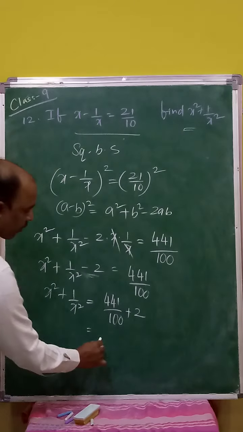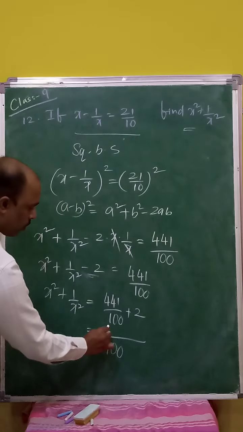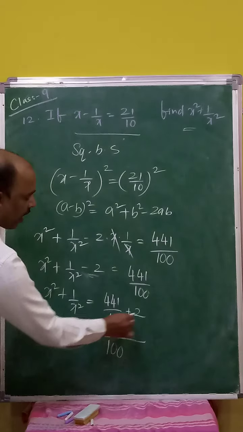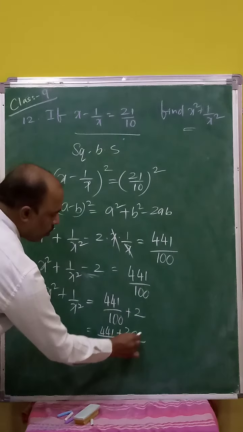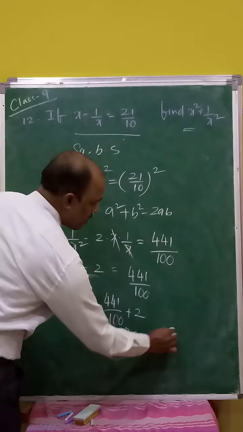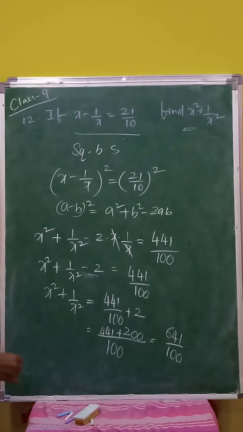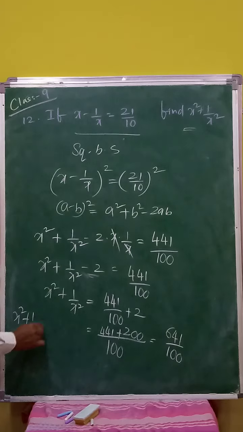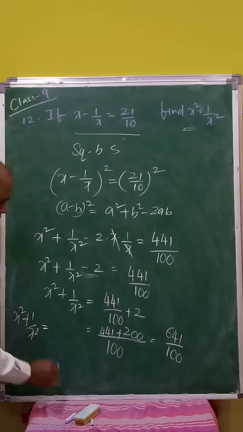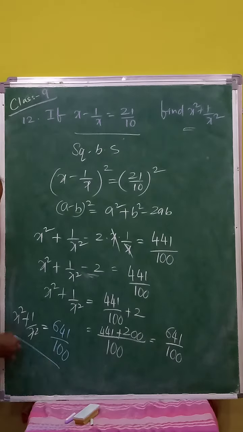But RHS simplify. 100 is the LCM. 441 plus 100 into 2, it is 200. 441 plus 200 is 641 by 100. The answer of x square plus 1 by x square is 641 by 100.